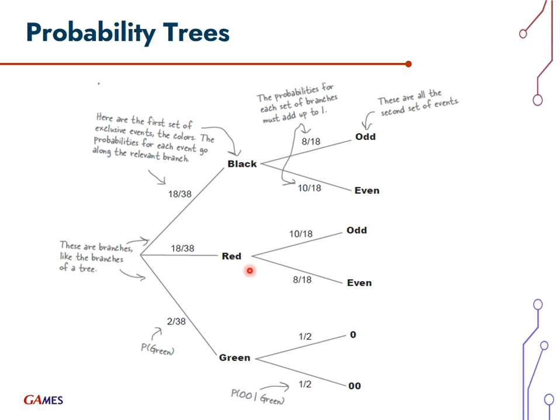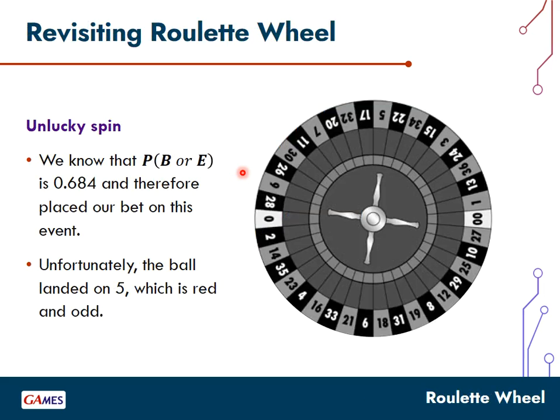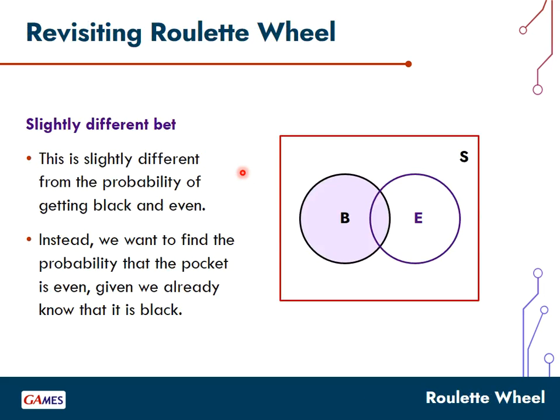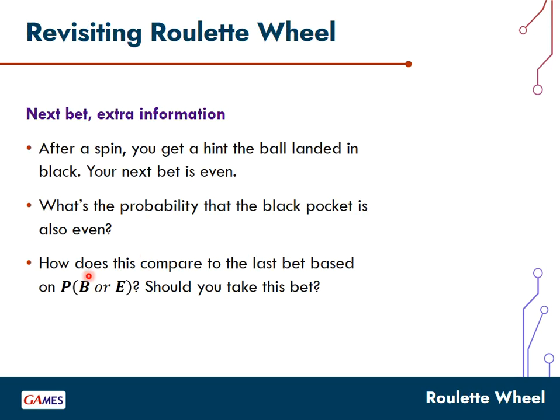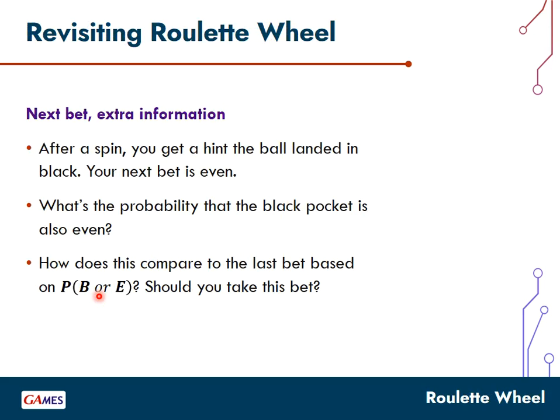If you remember when we were computing, let me take you back to this problem we had here, where we took the bet B or E, and maybe the ball landed in a red and even event.